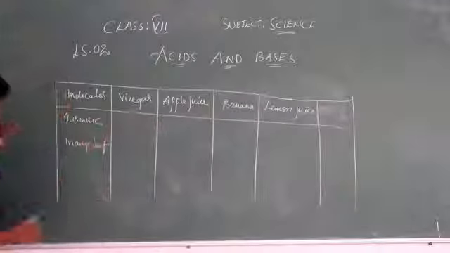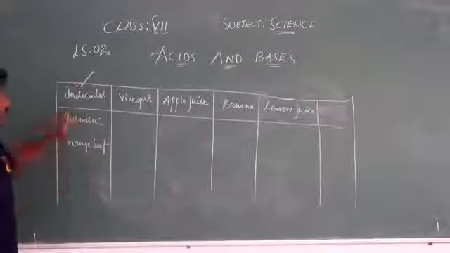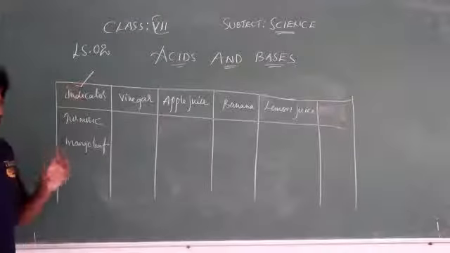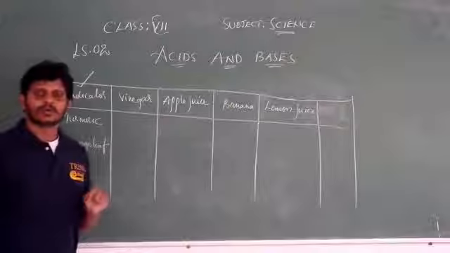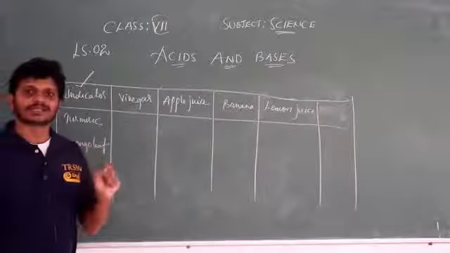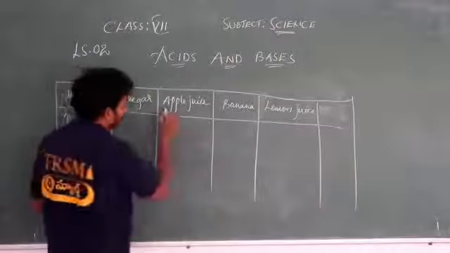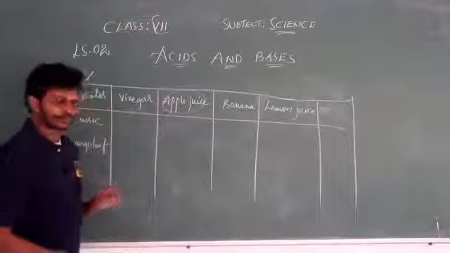Listen. First of all, what is an indicator? An indicator is a substance which helps us identify whether the given sample is acidic or basic in nature. Example, I have taken the sample, apple juice.